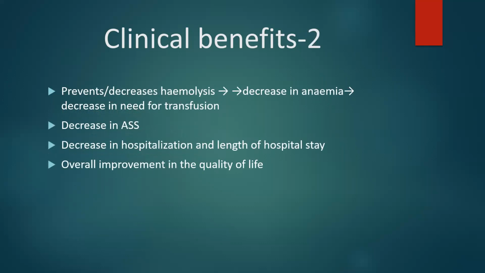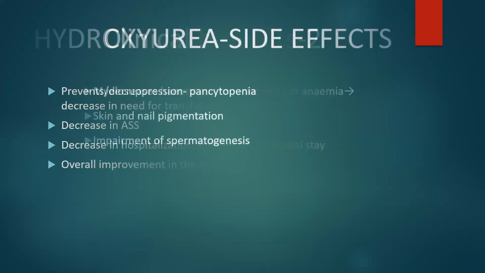It reduces the hemolysis crisis and acute sequestration of the spleen. It also reduces the number of times the patient is hospitalized, because the number of times the patient enters into crisis is reduced. So generally, there's an improvement in the patient's quality of life, because the patient doesn't enter into crisis because of the hydroxyurea.